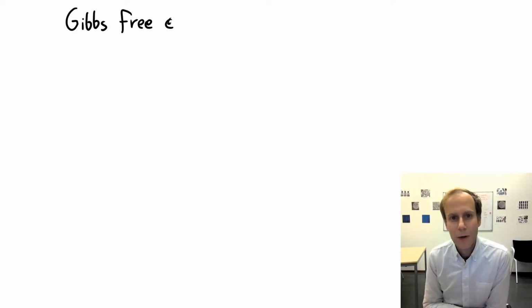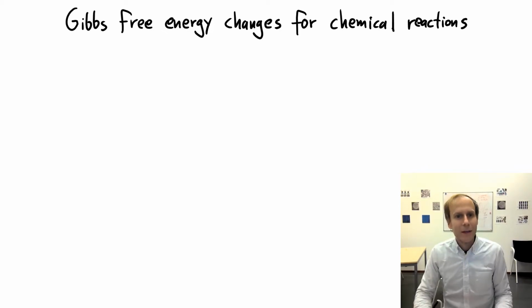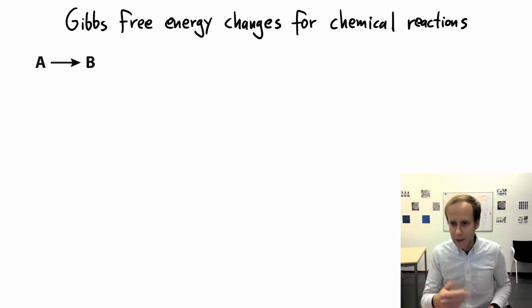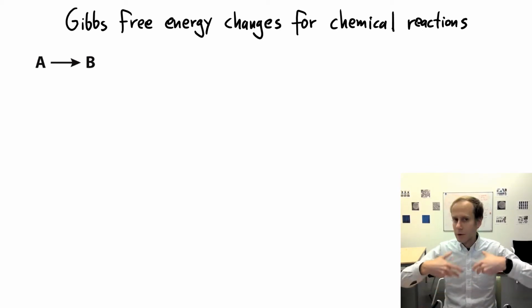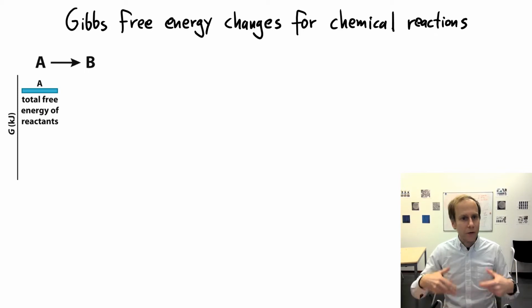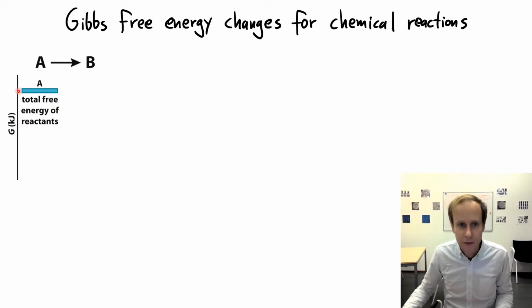So we start with the Gibbs free energy change for chemical reactions. Take an example chemical reaction. A reacts to B. Now A includes a given amount of reactants A, and those reactants A will have a certain value, a total free energy of the reactants on this scale here in kilojoule, which you see given by this blue line.